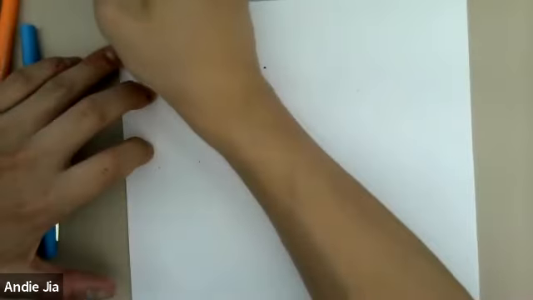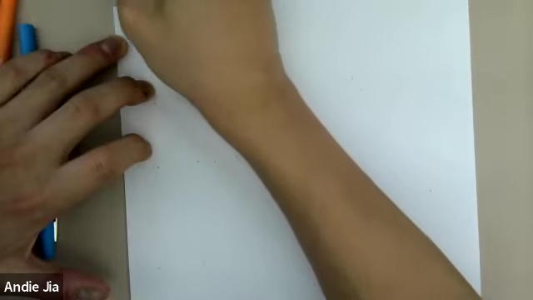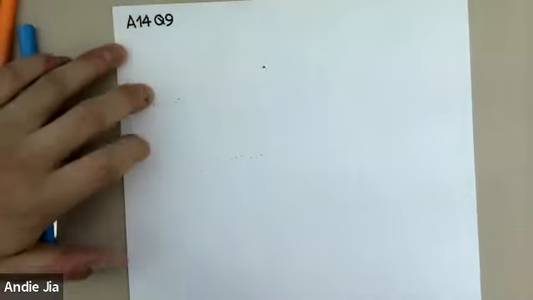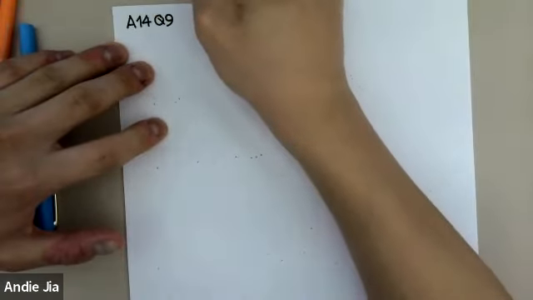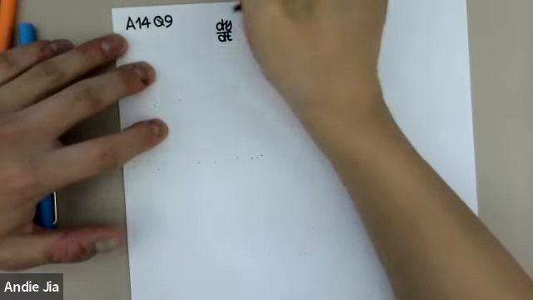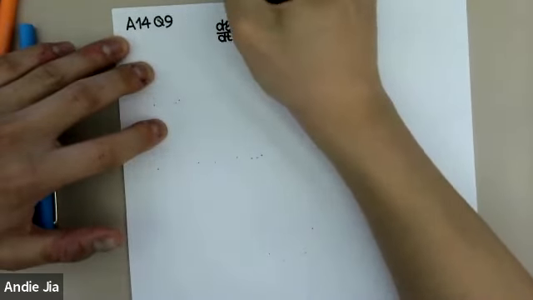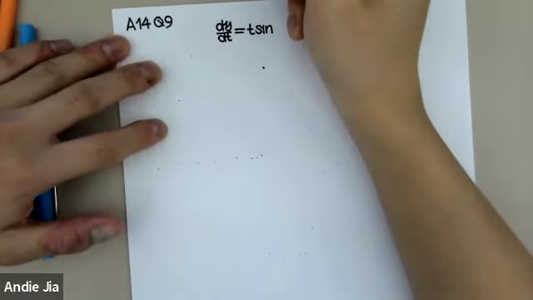Okay, so select outcome 2014 question 9. We have dy/dt equals t sine t cosine squared of y.